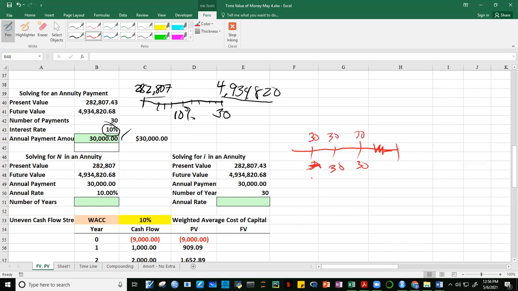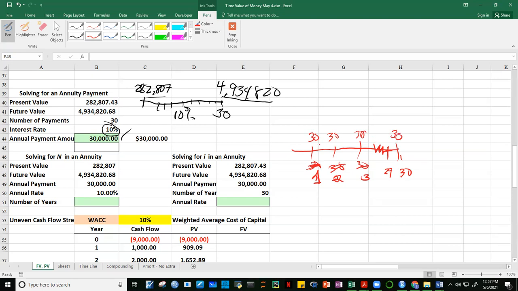So this is beginning 1, 2, sorry for my writing, 3, and then year 29 and year 30. Ito yung timeline natin, guys. This is our timeline. Year 1, 2, 3 hanggang year 30. And then the cash flow is 30,000 hanggang year 30.